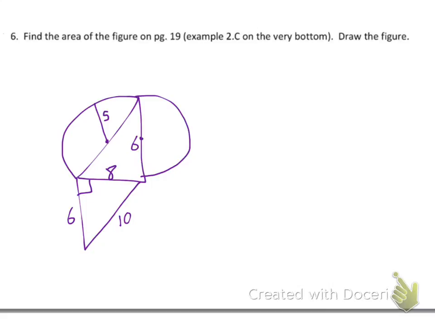They both have a side that's 6. That means that third side also is, or not 6, sorry, 10, because this is a radius, right? So this is 5 over here, 5 over there. That means this whole thing is 10. These 2 triangles are the same.